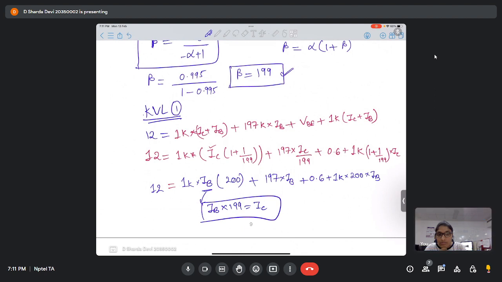Now it's almost around 3.794 milliamperes for IC, so 3.8 milliamperes.